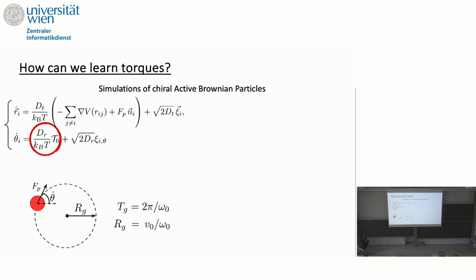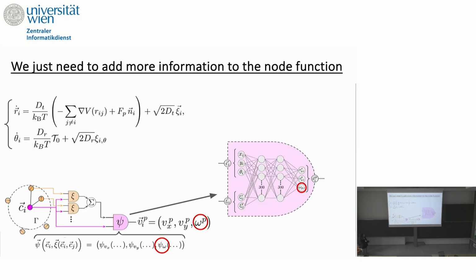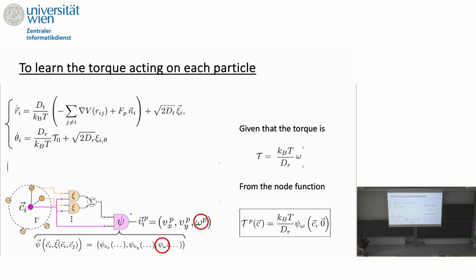So we simulated chiral active Brownian particles. Now these are active Brownian particles characterized also by an active torque. And the only difference with respect to the previous formulation of ActiveNet is that we need to add more information to the node function, the information of the angular velocity. Having done so, we can compute the torque and from the node function get the predicted torque.